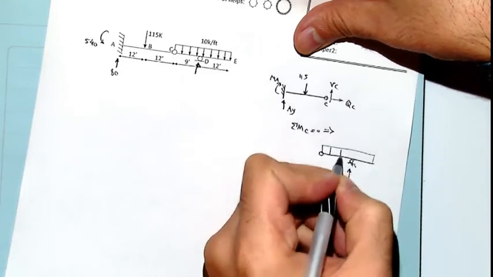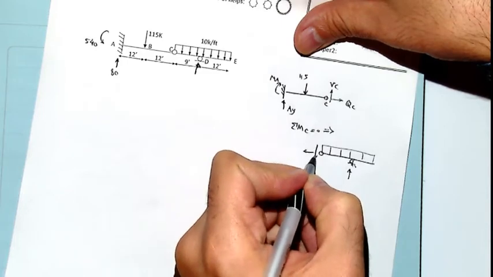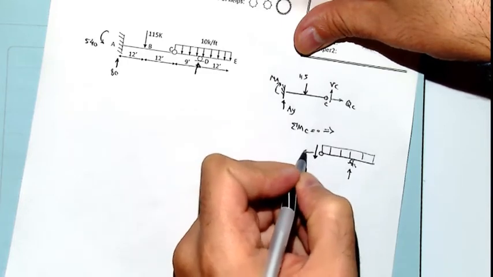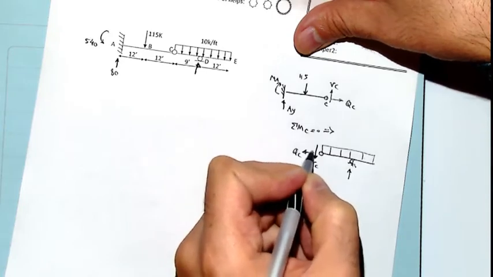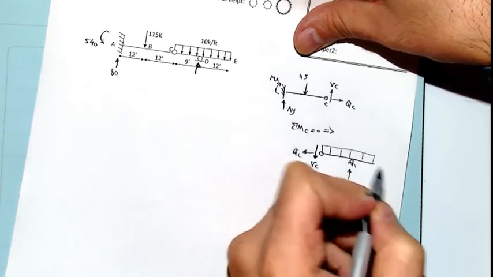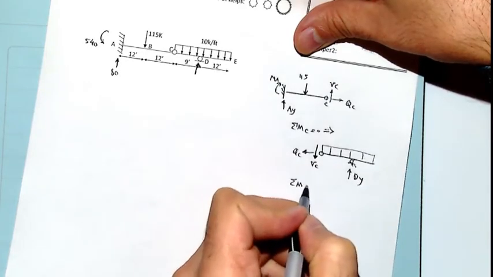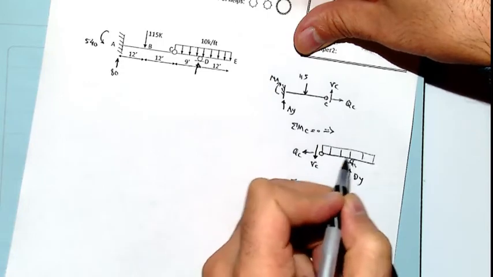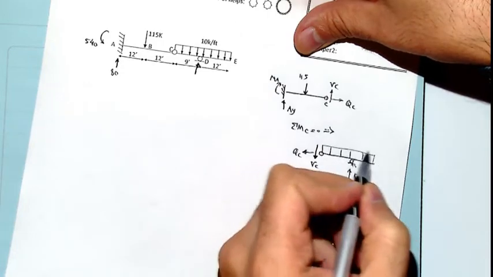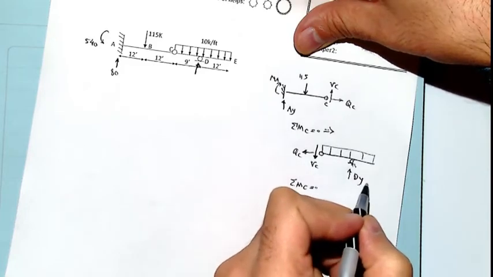We have a concentrated load similar to this one, with a different direction of the load. It's QC, VC, but it's downward, on the left direction. And DY, if we write sigma M around C equals 0 again, it will be force multiplied by arm, the concentrated load of 10 multiplied by arm, gives DY.